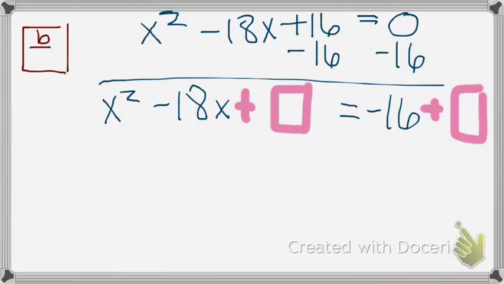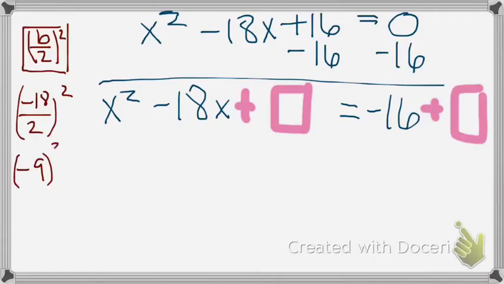Inside the box is b over 2 squared. So my b value on this problem is negative 18. We're going to divide that by 2. So we get negative 9. Square negative 9, you get 81. 81 is what goes inside these boxes.